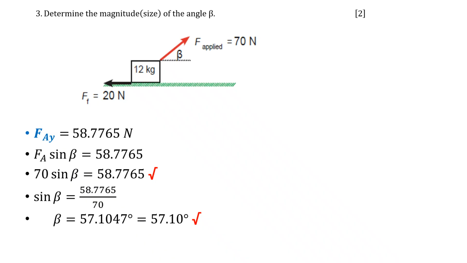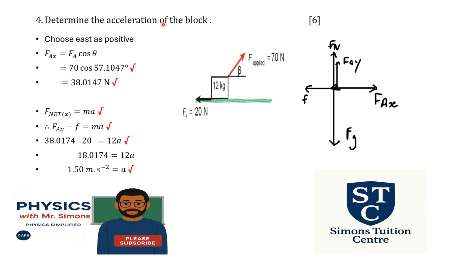Right. Now let's look at the Newton's second law problem, which you normally end with. Determine the acceleration of the blocks. So there, you can say choose east as positive, you can say choose right as positive. Again, to get x, x is always cos, so Fax equals Fa cos theta.